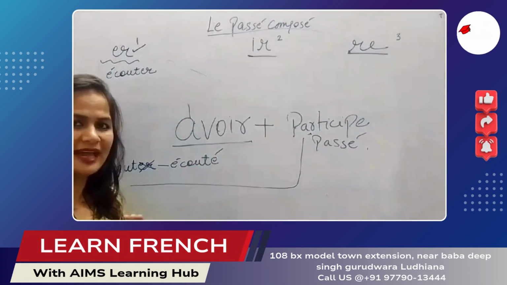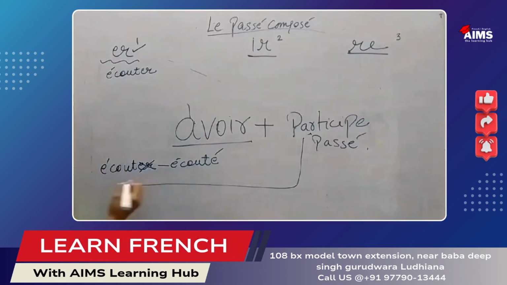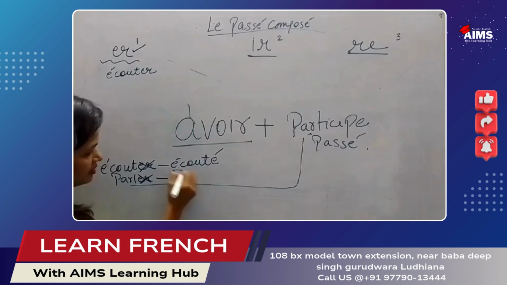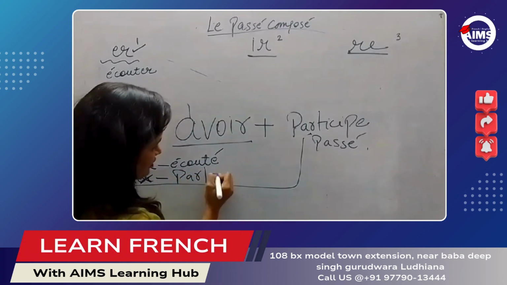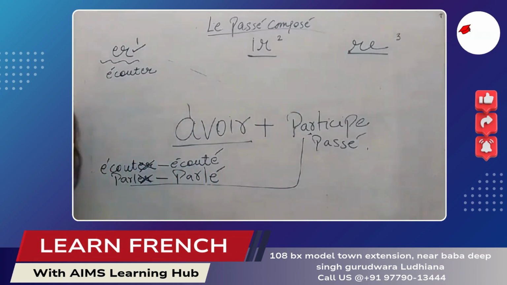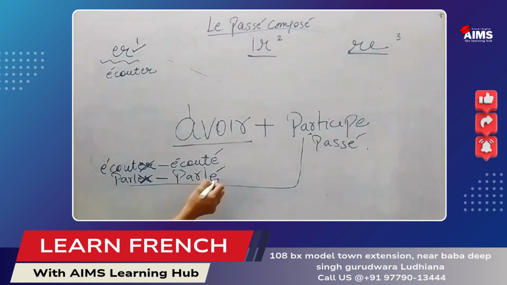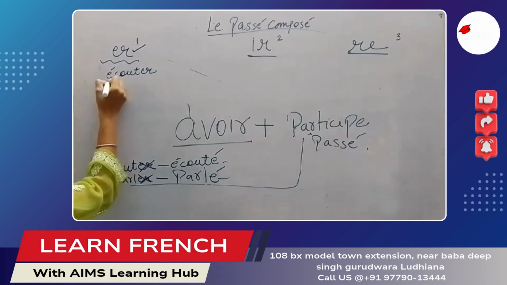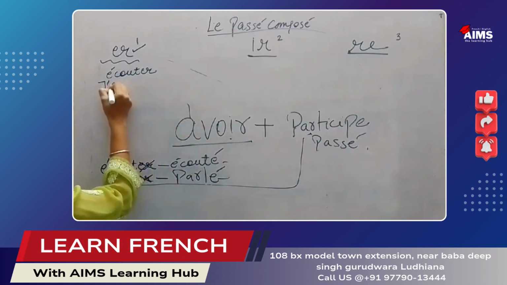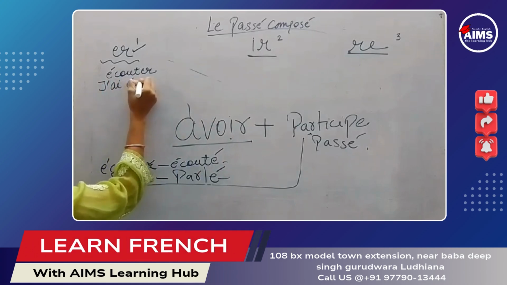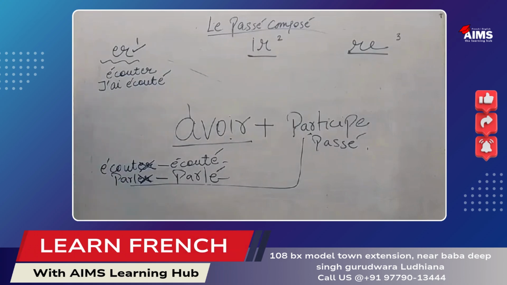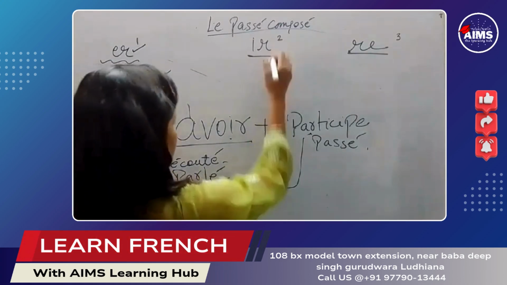That's it. Next, one more example you can do. Parler. Enlever er. Ajouter é. Parler. Okay? That is participe passé. Let's conjugate the verb. What do we have to use? Avoir. J'ai écouté. Clear?